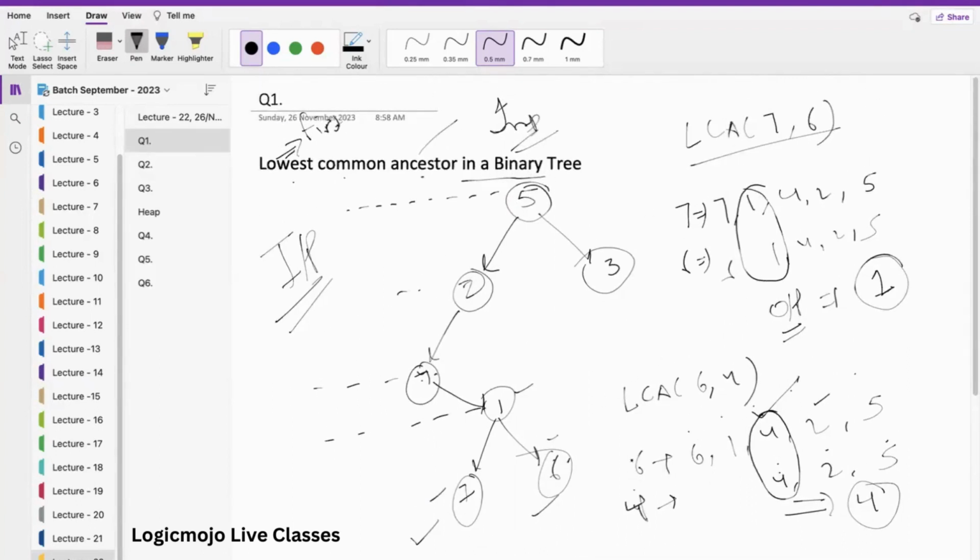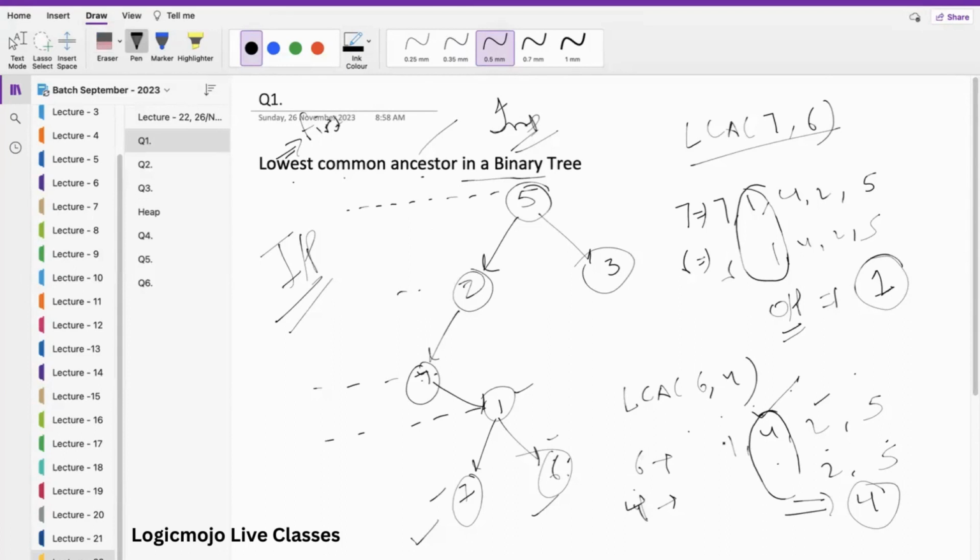See, for 6, 4, if you go back to the first lecture of the tree, what did we say? That all the predecessors are ancestors. Let's say that we remove this 6 for now and this 4 for now. All the predecessors of 6 are its ancestors: 1, 4, 2, 5. For 4, it will be 2, 5. Now the question's expectation is that the node itself is called its ancestor.